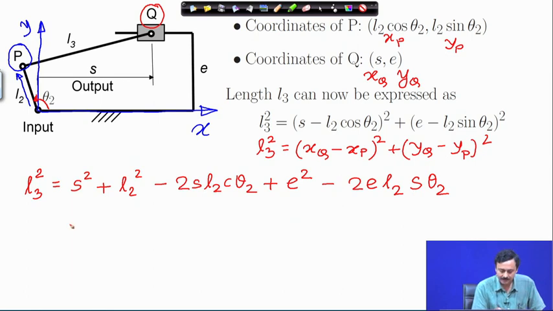So, I can write it like this: S square, it is this term, then the term in S which is here.